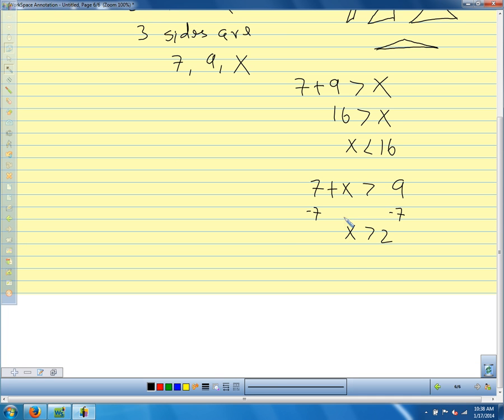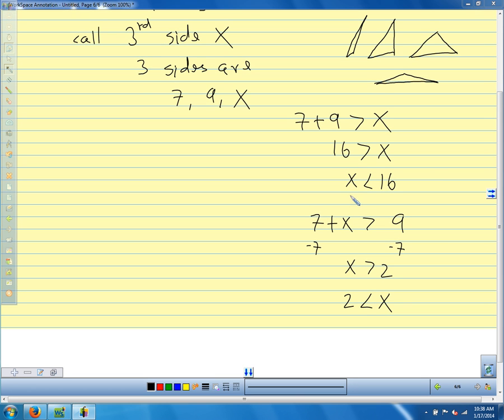And I'm going to turn this around and say that 2 is less than x. I'm just writing this in the opposite direction. So this tells us that the largest possible side is just smaller than 16. This says that the smallest possible side has to be a little bigger than 2.